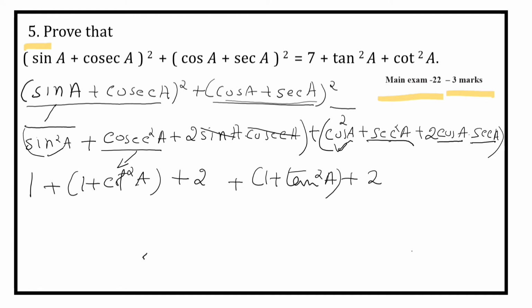Now count: 1 plus 1, 2, 2 plus 2, 4, 4 plus 1, 5, 5 plus 2, 7. Let us put equal here also. Now this is cot square A, this is tan square A. Tan square A first.